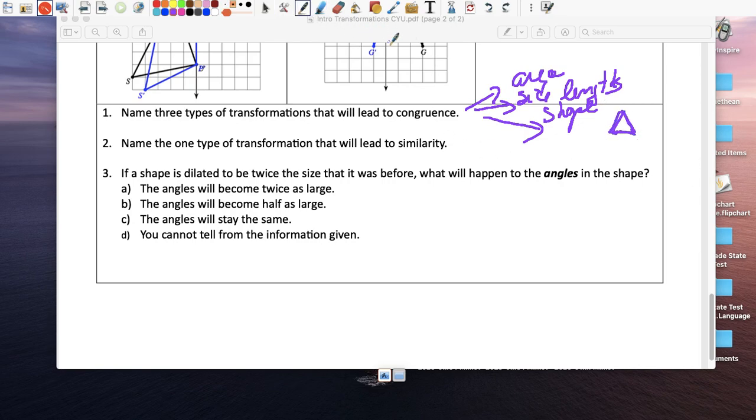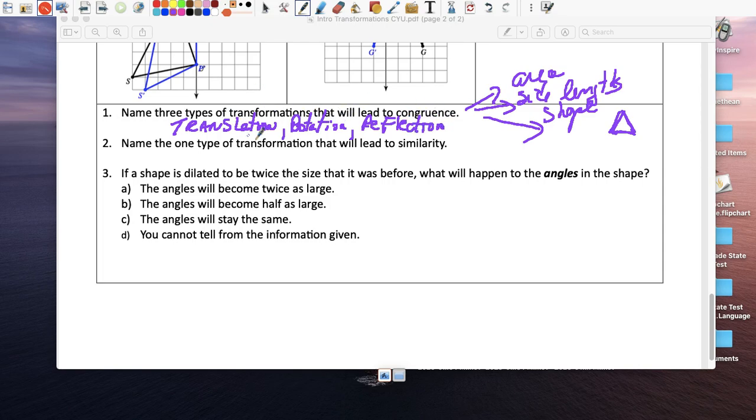So what are the 3 transformations that you can do? Movements left and right, rotate it, reflect it, and it'd still be the same exact shape. Well, those 3 would be translation, what else? The rotation, and there's one more, reflection.